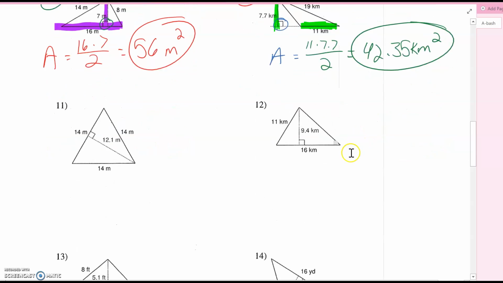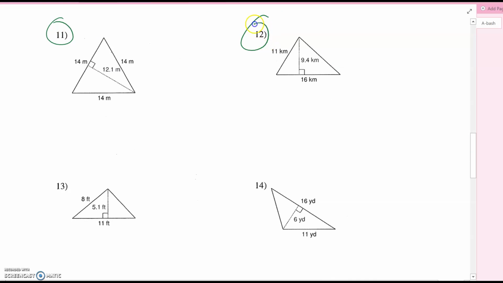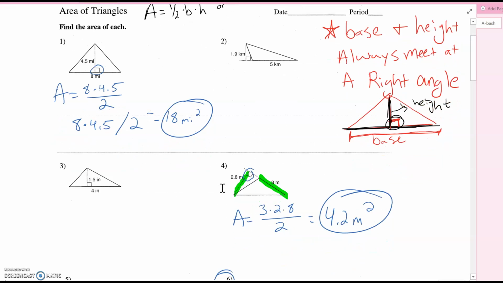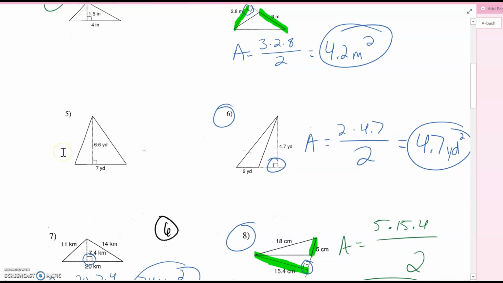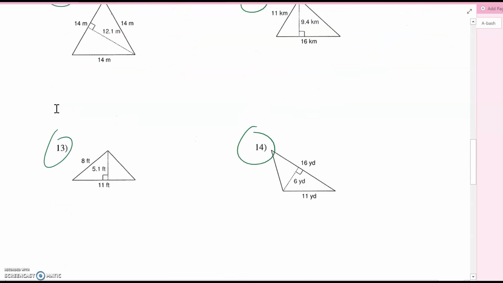All right, what I want you to do is circle 11 and 12, 13 and 14. As we come up, 2, 3, and 5 as well. Okay, that's going to be part of your homework for tonight.